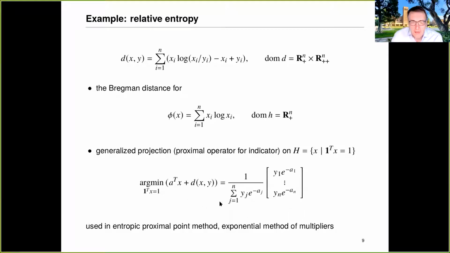And we see also that this closed form expression for the generalized projection is defined for every choice of A, the linear term in the argument of the generalized operator, for every positive y, and the result is always a positive vector. So those are the properties that you'll need.